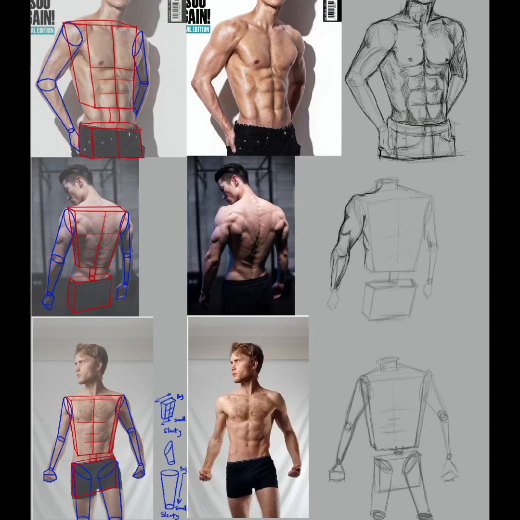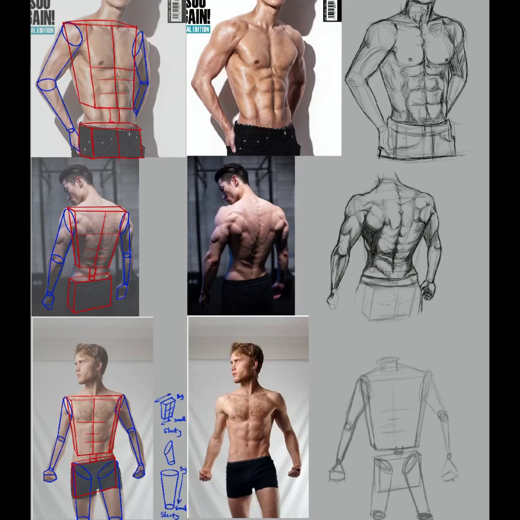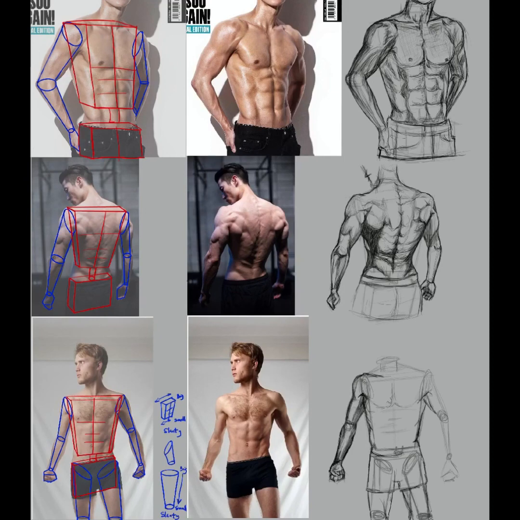So yeah, we are done replicating them, and I'm going through the sketch and trying to sketch it fast. As I've said, it's very much recommended that you study the wrapping around of the muscles, study the structure of the muscles, and know where to apply the shadows on the body, and how the muscles are wrapping around.